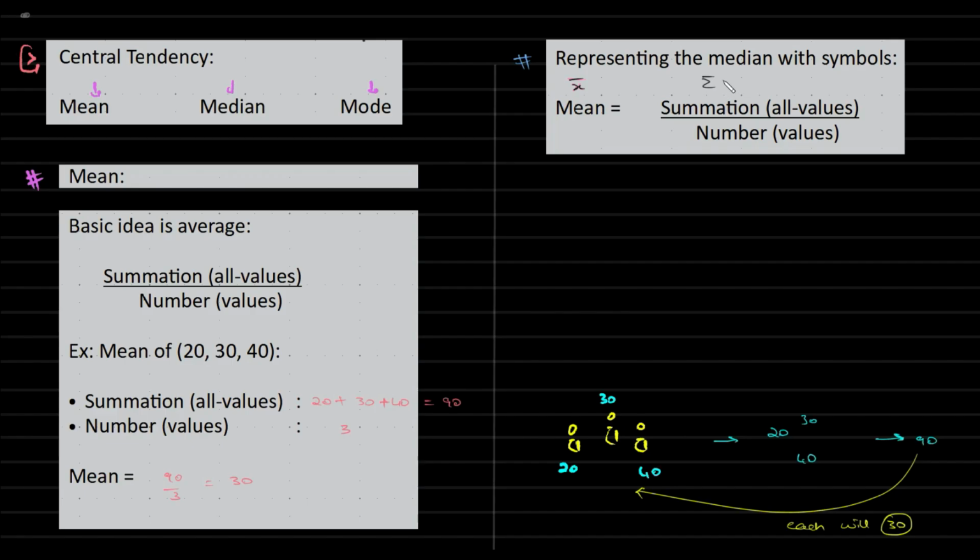This is summation of xi, and number of values is say n. So x bar is mean, this is nothing but summation, xi is your values and n represents the number of terms.